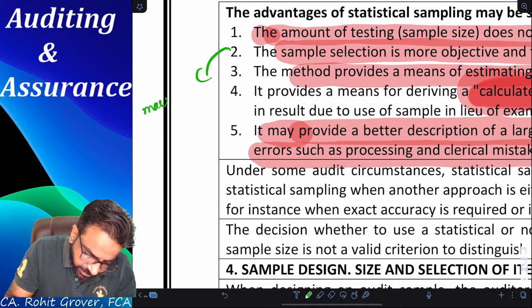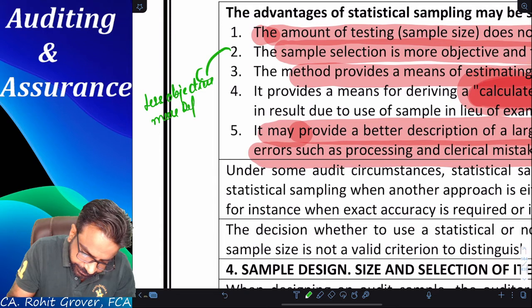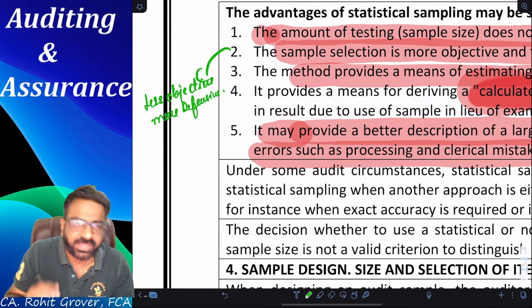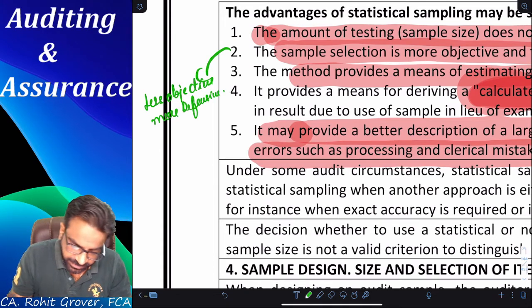More objective. Oh, sorry. Less objective. More defensive. Next one.